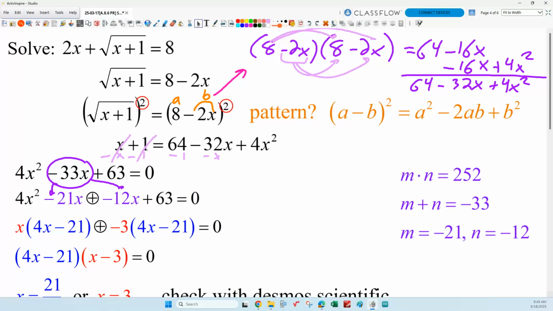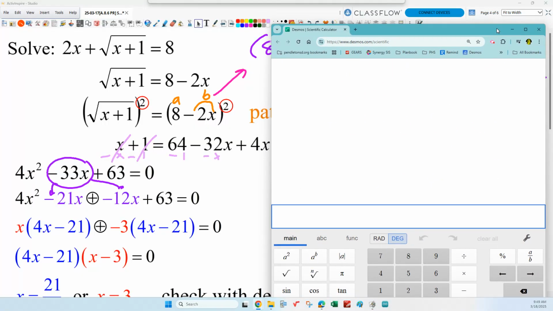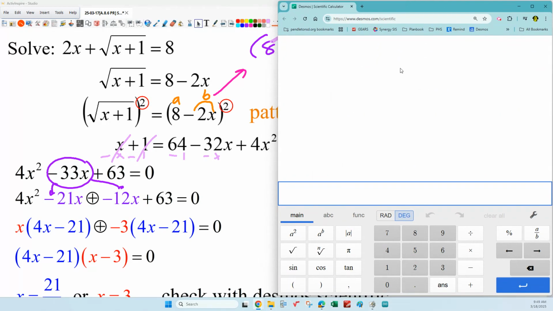What would I do? Yeah, I'm going to set f of x equal to the left side, and we would set g of x equal to the right side if we needed to, but the right side is just 8, right? So we just need to see if these values make the left side equal 8 also.